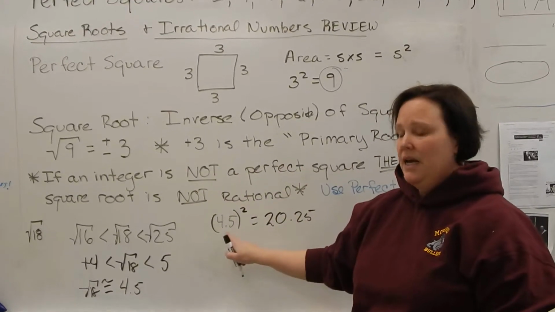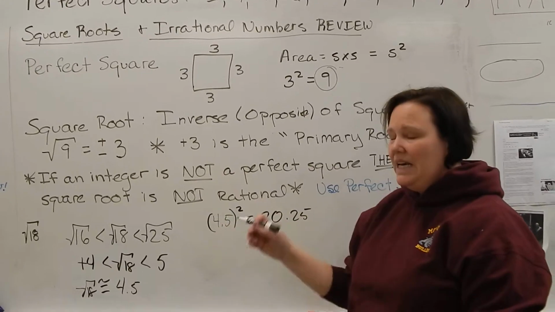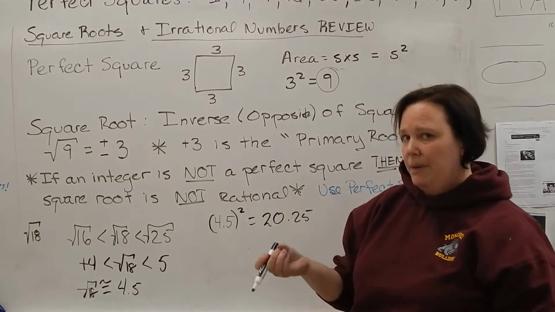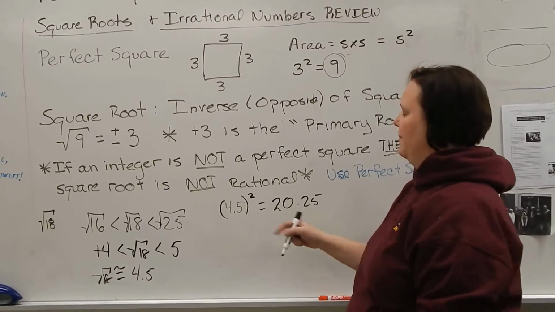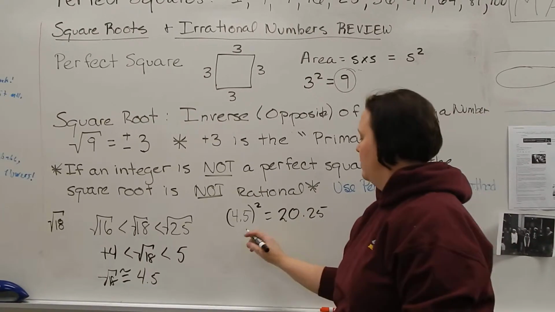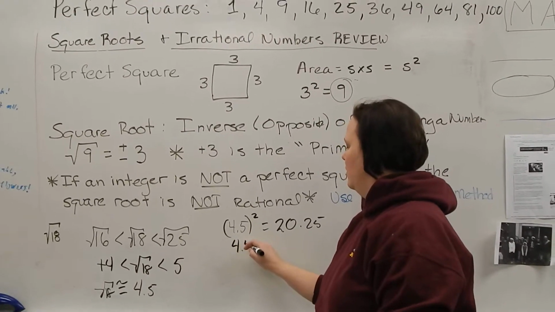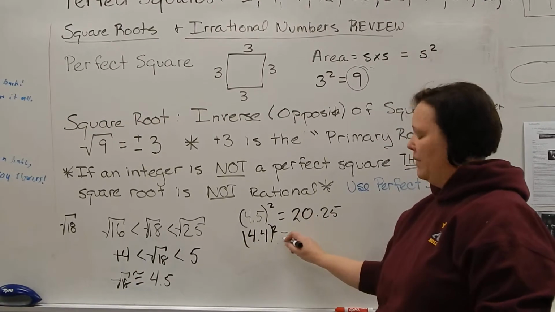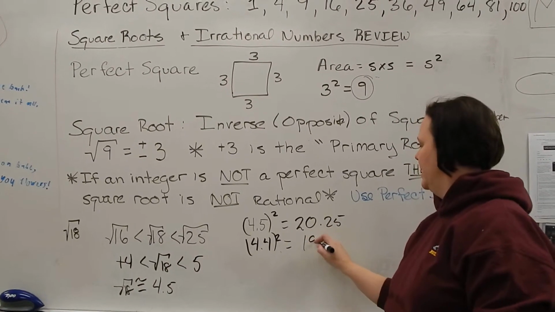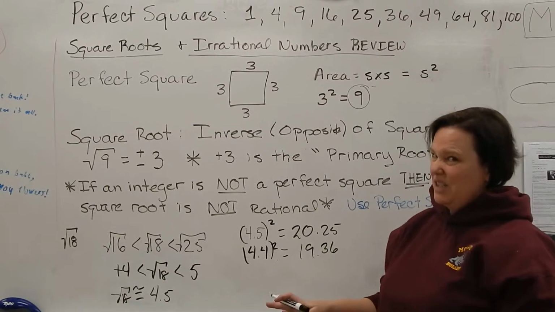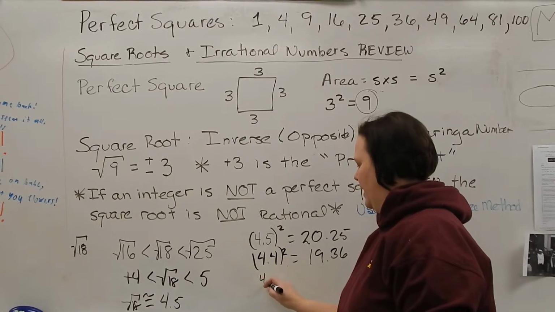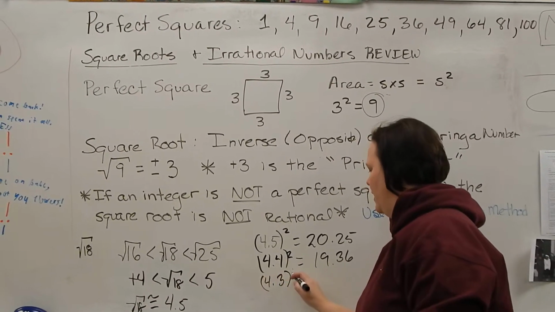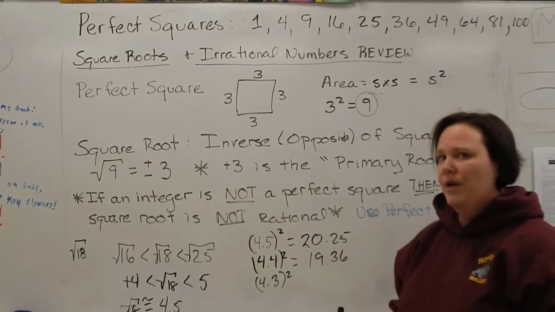That tells me that this number is a little bit too big. It's a little bigger than the actual square root of 18. So I step back one step and I say, okay, well, what would be 4.4 squared? Well, when I square 4.4, I get 19.36. Still too big.